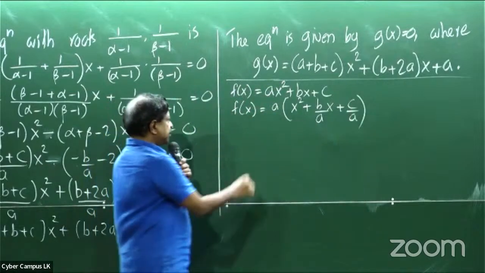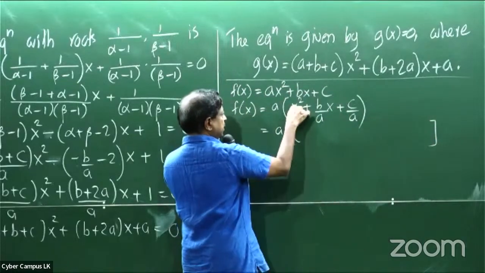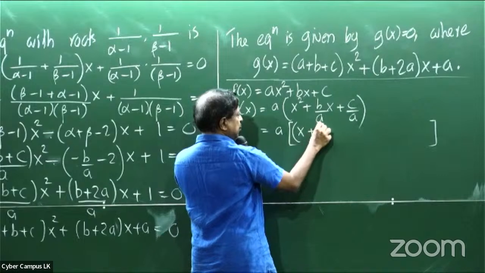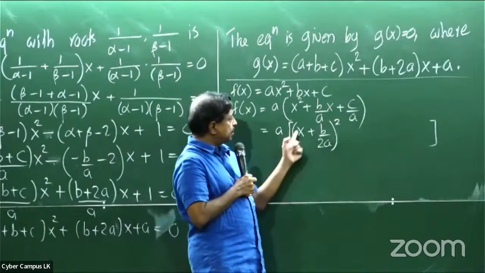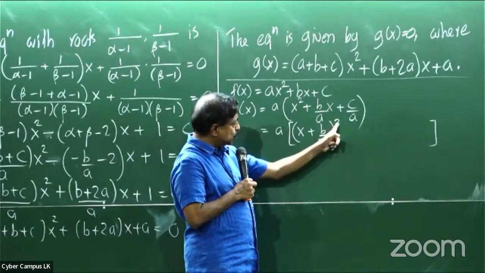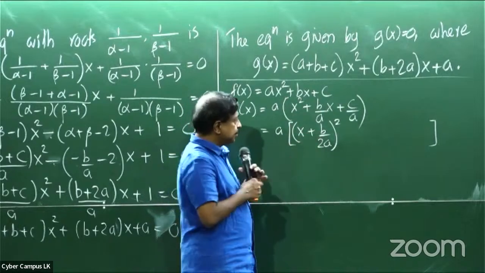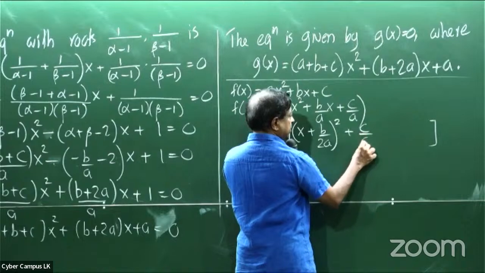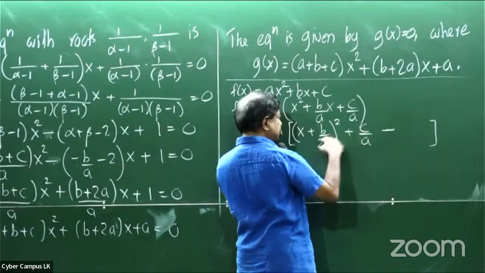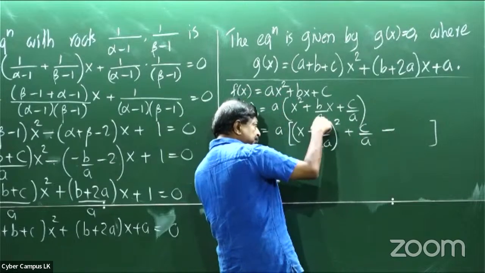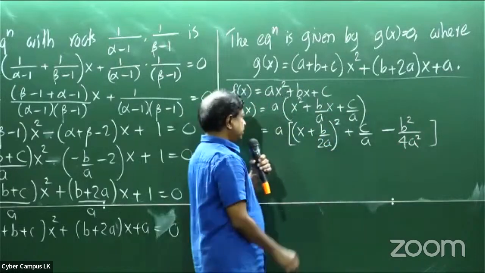Now complete the square inside the bracket. Divide the coefficient by 2, get the squares. Now you have x squared, the 2ab term will be 2 times b over a times x, but you have an extra term here. You have to subtract it for the equality, for the cancellation. So when you square this, you get b squared over 4a squared.